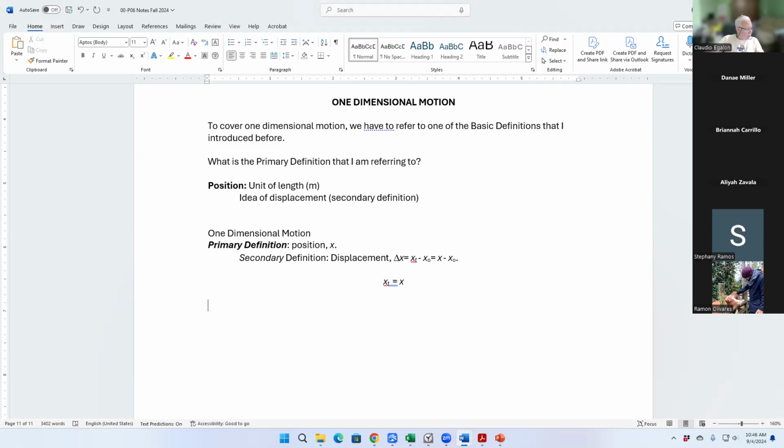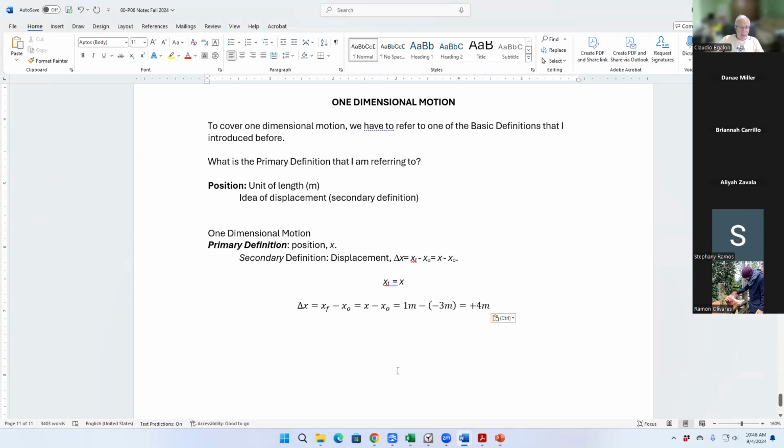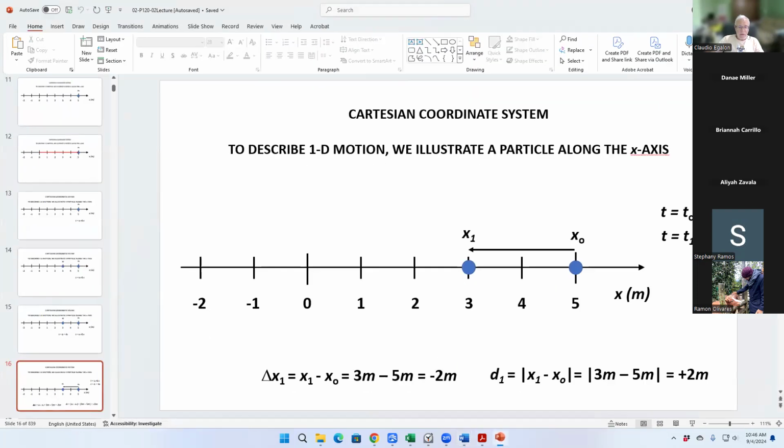And what else do we have here? In the case of this specific example that you saw, x naught is equal to 5 meters, right?